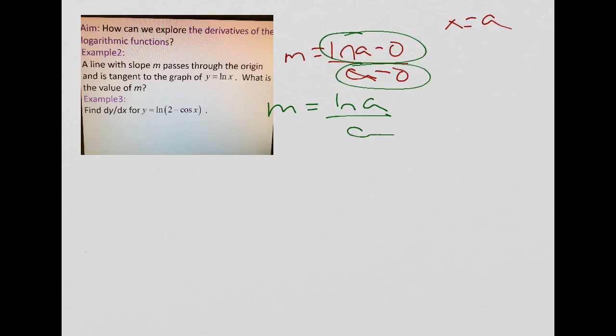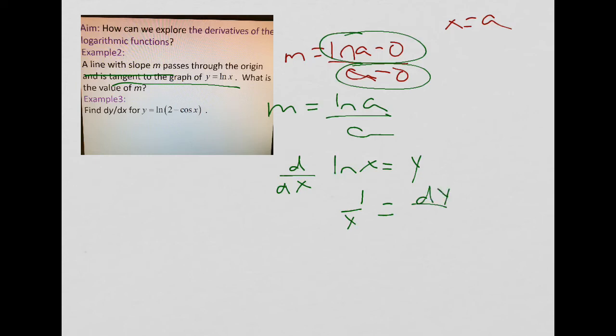It's some x value. So now, derivative, because now we found a line with a slope of m, and it's supposed to be tangent to our curve. So let's do the derivative of ln of x, and that is 1 over x.